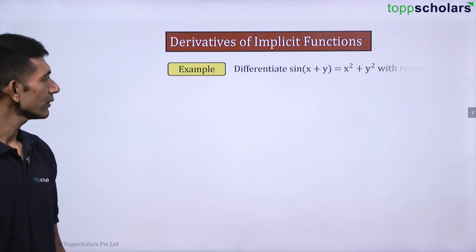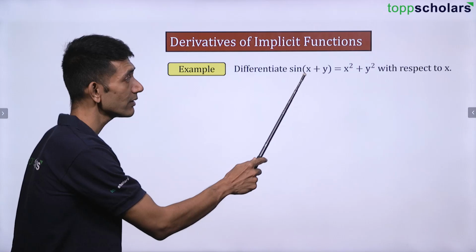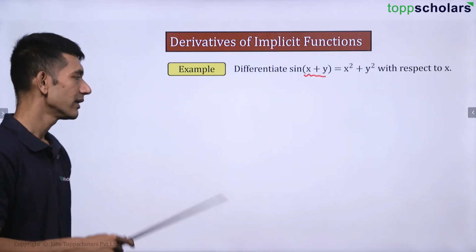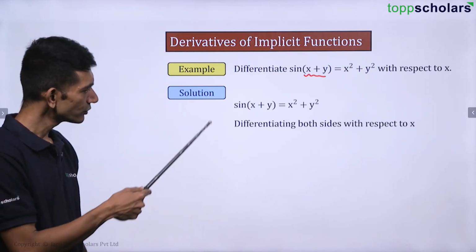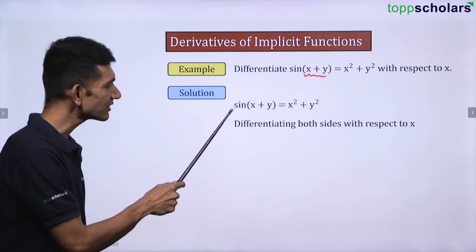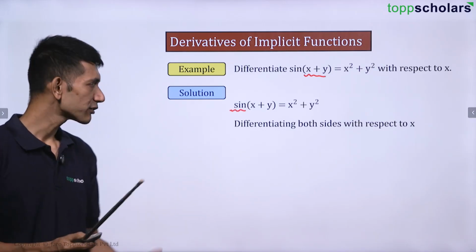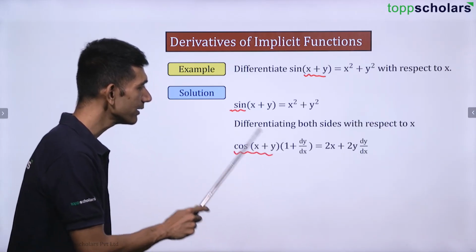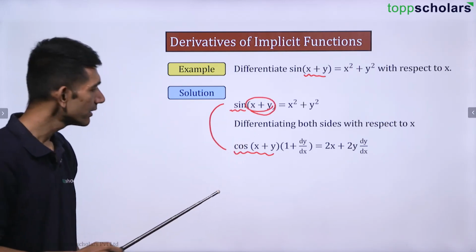Okay. Let us see one more example. Again, we have an example of implicit function, but here we have sine of x plus y, right? We'll differentiate with respect to x on both the sides. Sine x will become cos x, but we have sine of x plus y, so that will become cos of x plus y. But again we have x plus y, we need to take the derivative of that.